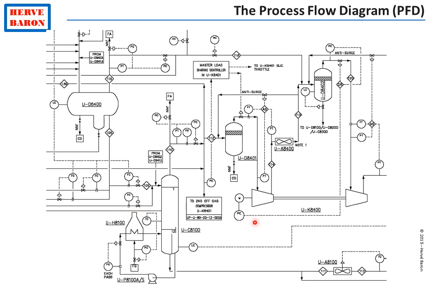And we have rotating equipment, such as this compressor and this pump. Not shown on this process flow diagram are additional equipment such as reactors as well as storage tanks.